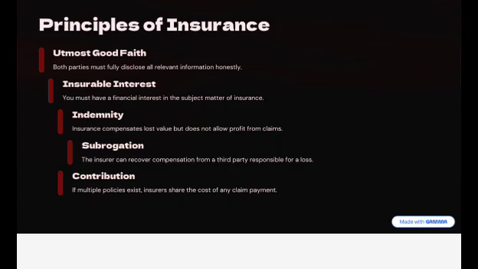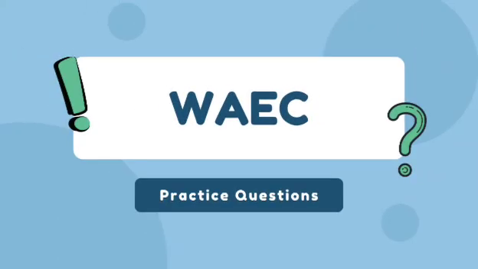Number two, this kind of insurance is common in motor accident cases or where a third party is responsible. Another example: if your car is damaged in an accident caused by another driver, your insurer pays you, then the insurer can sue the other driver to recover the amount.